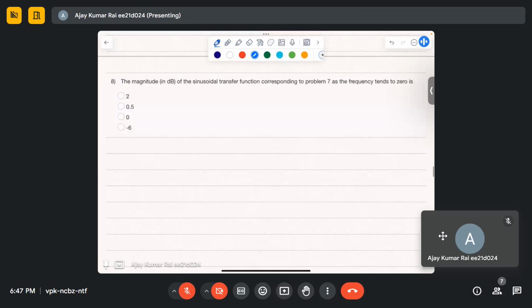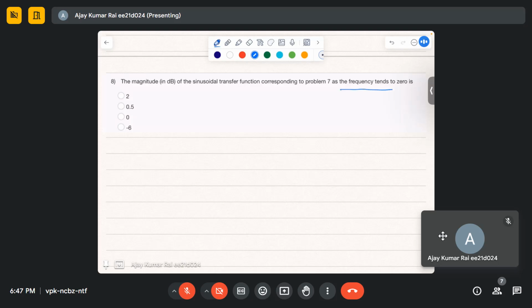Question 8: the magnitude in dB of the sinusoidal transfer function corresponding to problem 7 as the frequency tends to 0. Already we have calculated this. We have to find the low frequency asymptote.